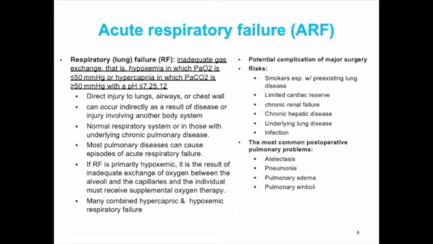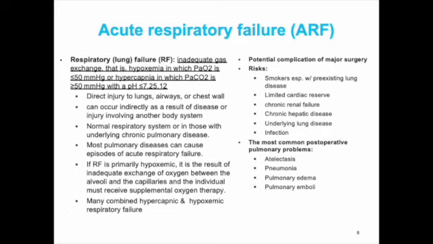If the respiratory failure is primarily hypercapnic, meaning that the other values are pretty normal, but they're just retaining a lot of CO2, they're very hypercapnic, then it's the result of inadequate alveolar ventilation.